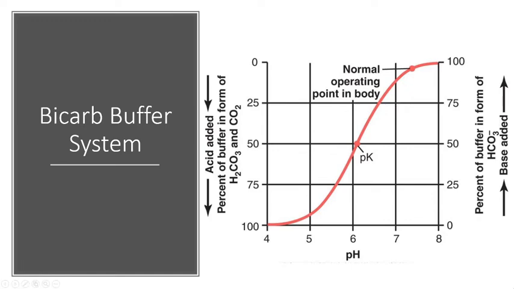The pK of the bicarb buffer system is actually 6.1. So this buffer system actually works really well between a pH of sort of 7.1 and 5.1. And you can see from this curve that you can add quite significant amounts of, say, base, but the pH only changes a little bit.